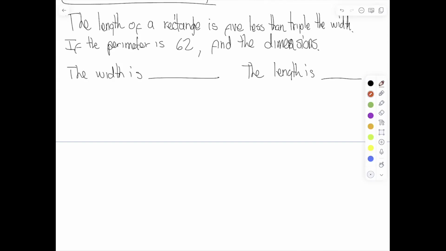What are they asking for? Are they asking for a circle? No, a rectangle. The length of a rectangle. So here's the rectangle. What did your instructor tell you about the perimeter?